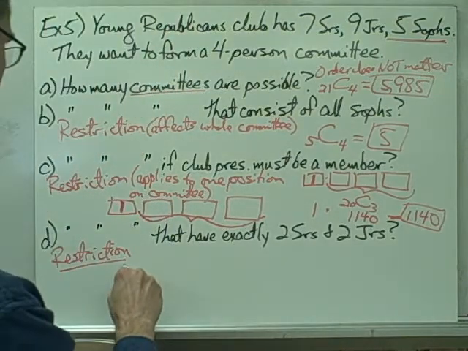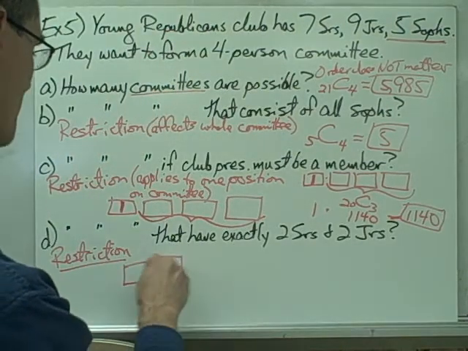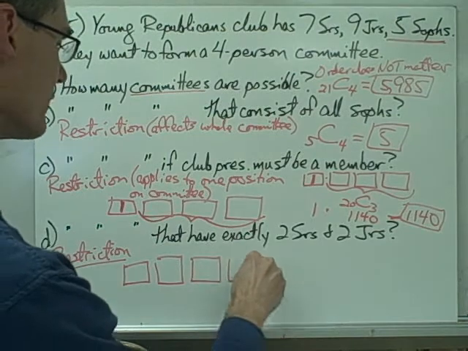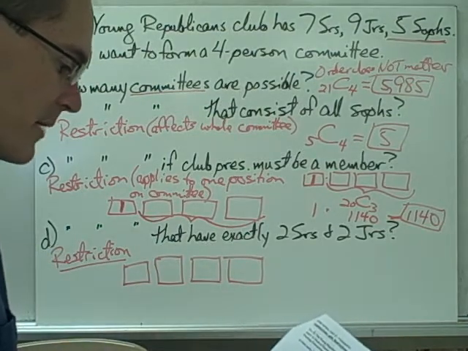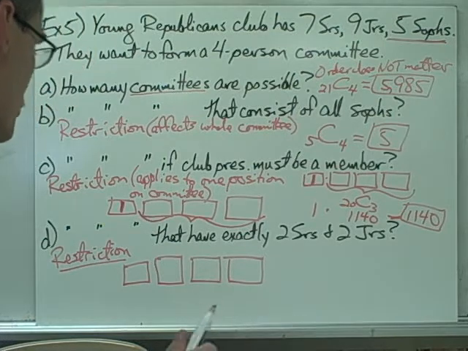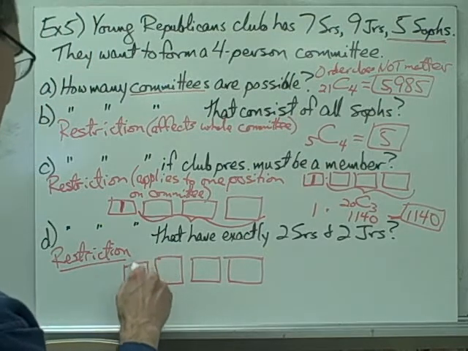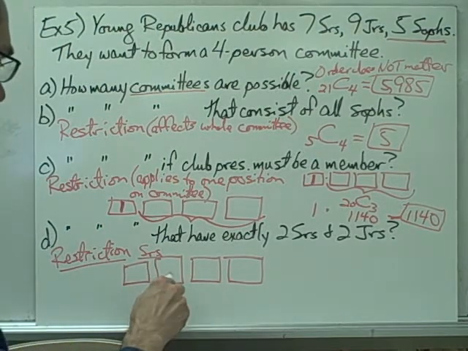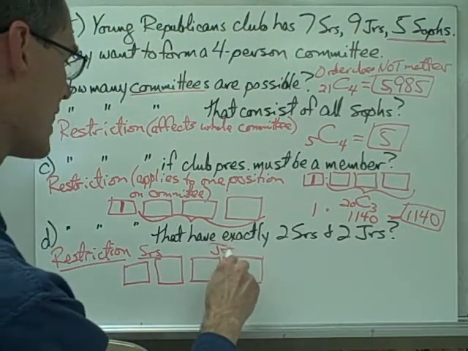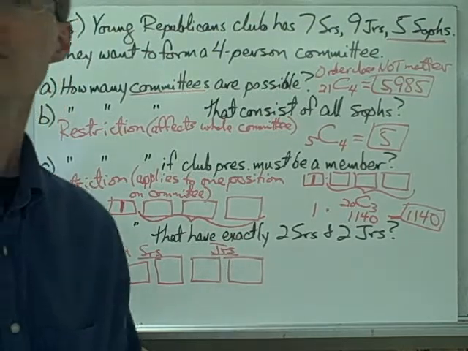So once again, I'm going to use my box method here, just like I did with the fundamental principle of counting. If my committee must contain exactly 2 seniors and 2 juniors, then I've got 2 slots here that are committed to seniors and 2 slots here that are committed to juniors.